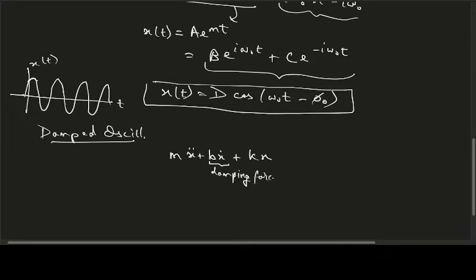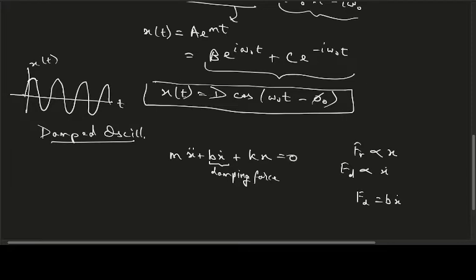Actually, like how the restoring force was proportional to the displacement, the damping force is proportional to the velocity, or x dot. So F can be written as b x dot. So this becomes 0, sorry.